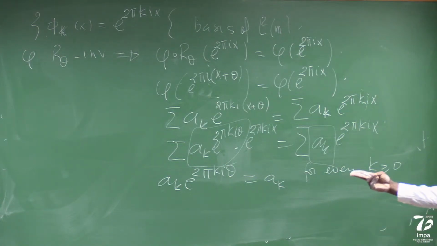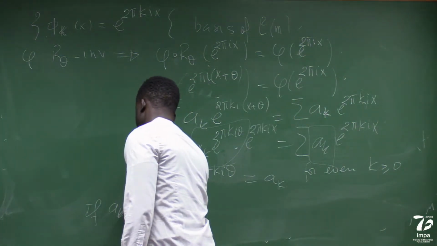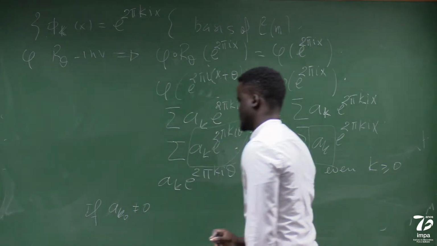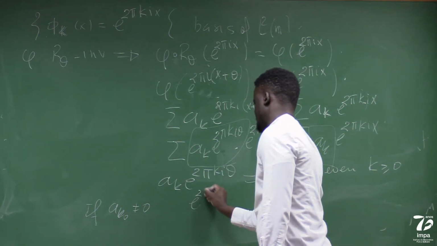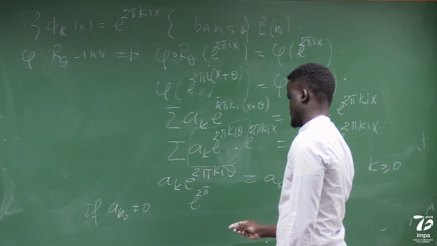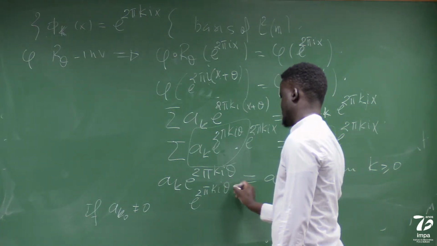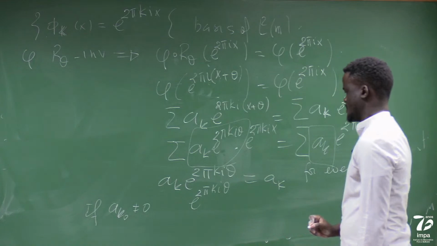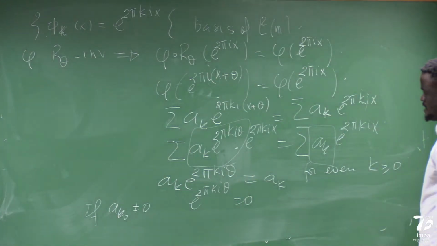So if there exists at least one k naught such that a_k naught is non-zero, you can divide. What you would have is that e^(2 pi i k theta) is 1 for k naught.